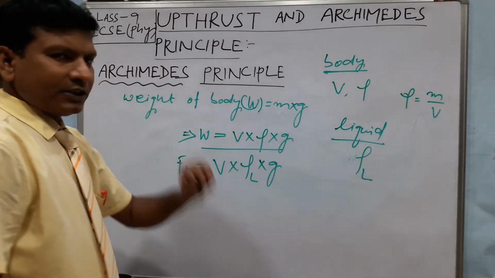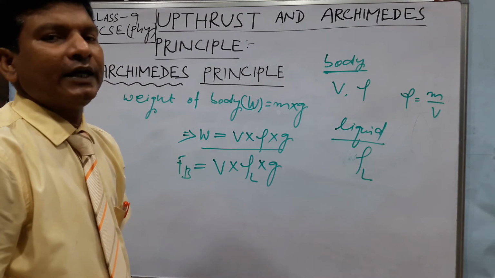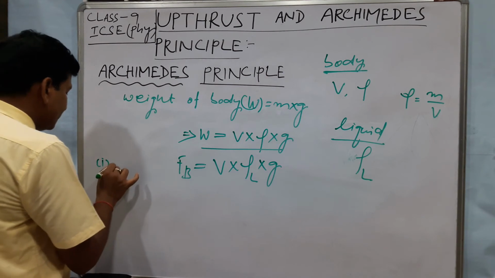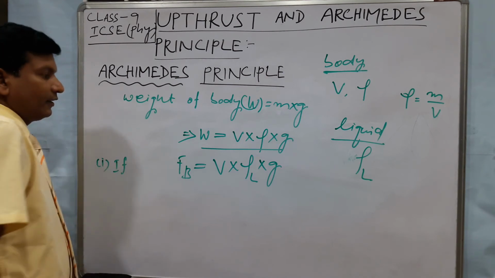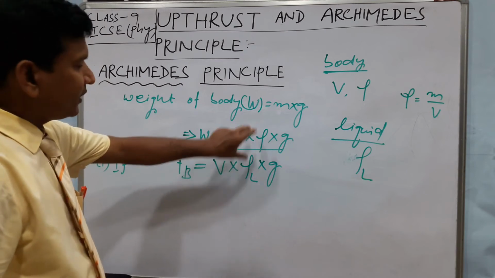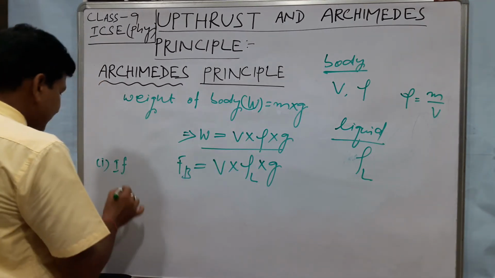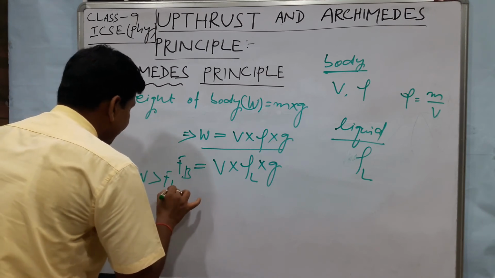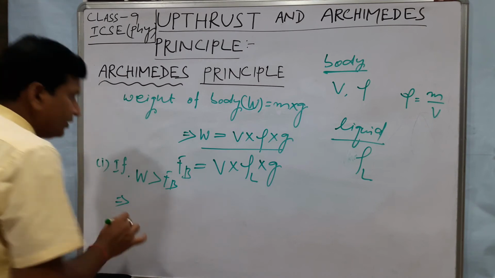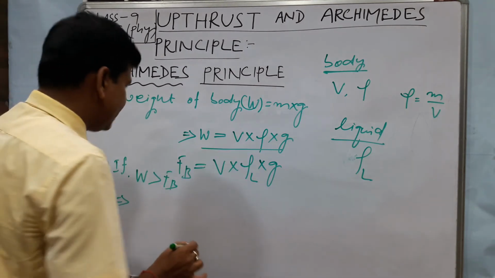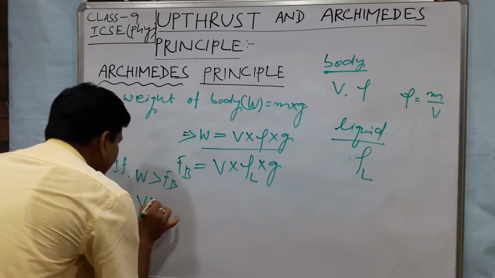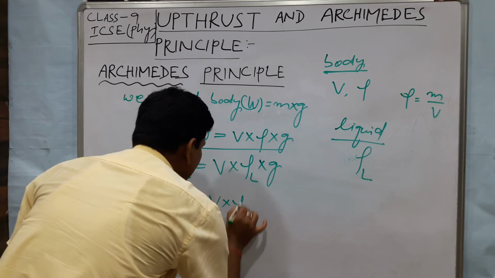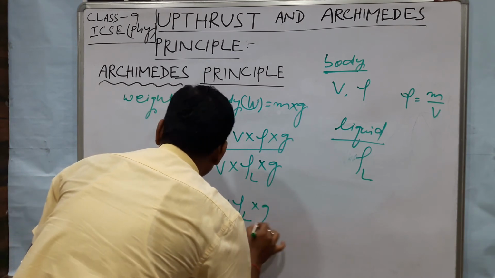Now in this situation three cases may arise. Now what are these three cases? Number one, if the weight of the body becomes greater than Fb, then what happens? Suppose the weight of the body W is greater than Fb, so now we can write here W is V into rho into g, greater than V into rho L into g.